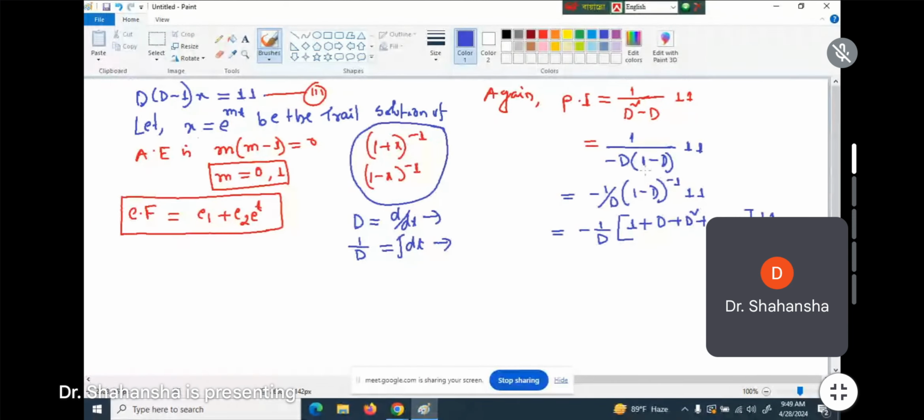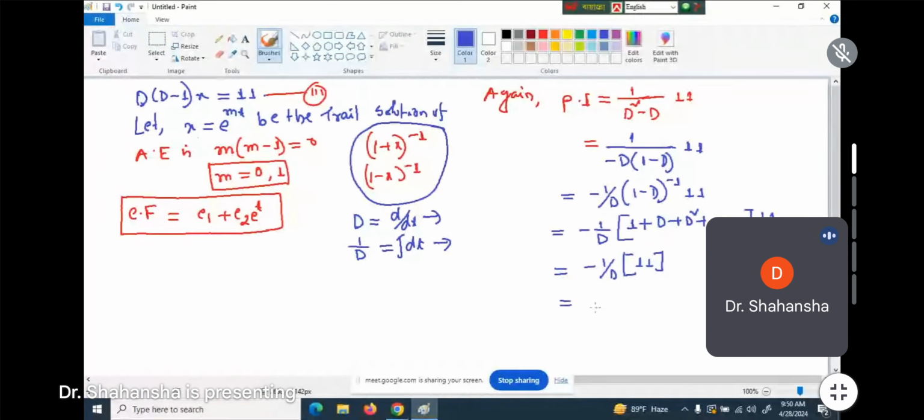So when we use the common factor, be very careful: D never goes to the denominator. Are you clear? Yes, sir. Okay. So minus 1 by D, if we calculate 1 into 11, that means 11. D means derivative, you take the first derivative, constant equal to 0, only 11. Are you clear now, friends?